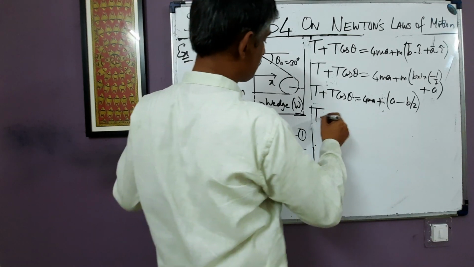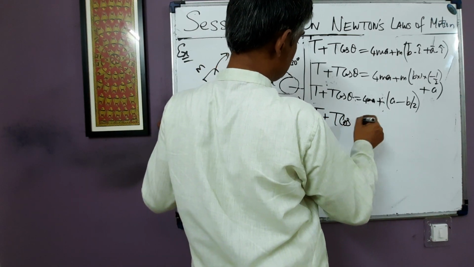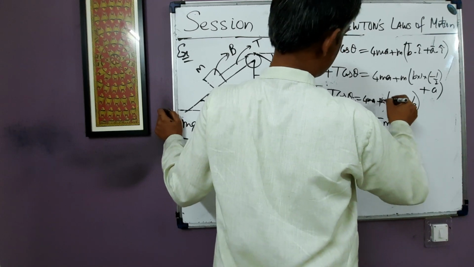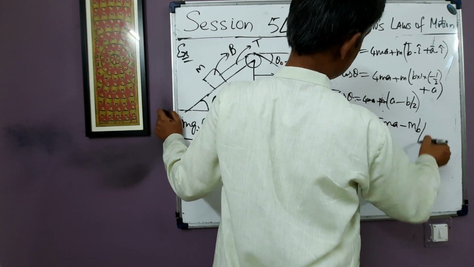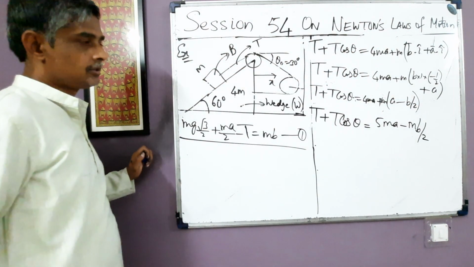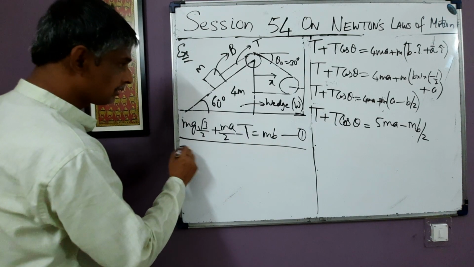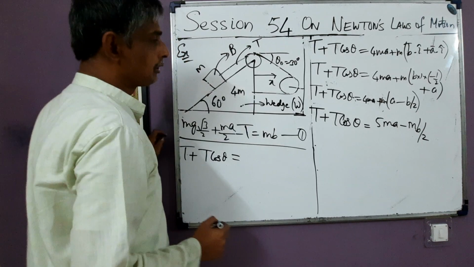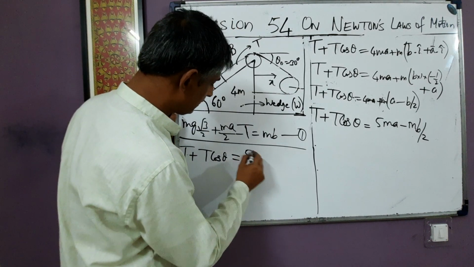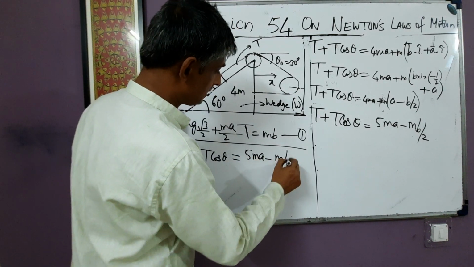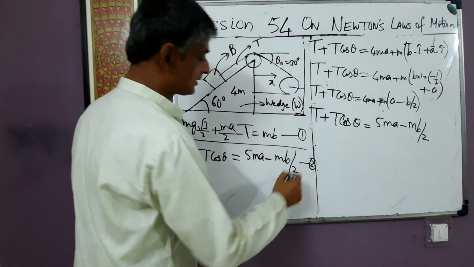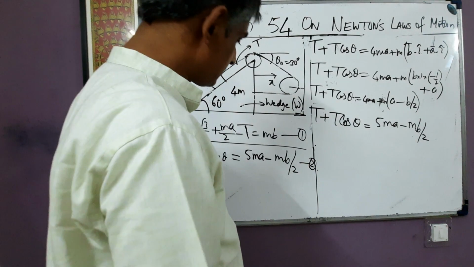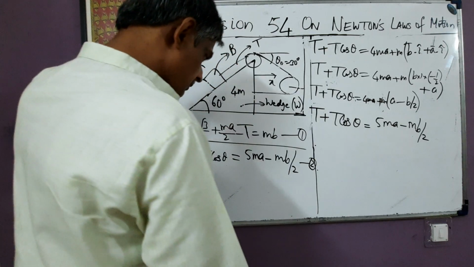So it becomes T plus T cos theta is equal to 5ma minus, here ma also, minus mB by 2. Okay. So this is the second equation. I write it here: T plus T cos theta is equal to 5ma minus mB by 2. This is the second equation.